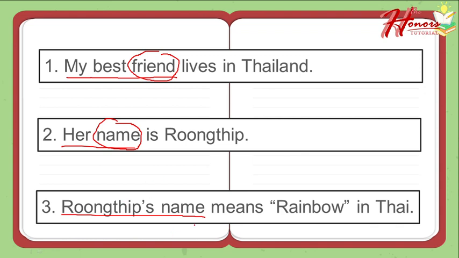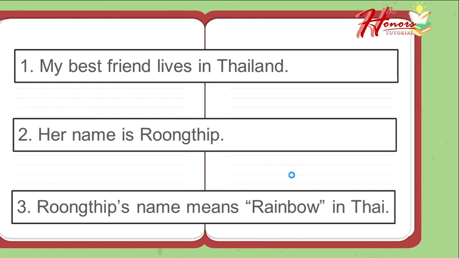So again, we need to analyze the sentence and identify what is the main topic or what is the main noun in this sentence. So what is this sentence all about? Is it Rungtip or is it about the name of Rungtip? The correct answer is, same with number 2, we're talking about the name, which means rainbow in Thai. Do you get it? Okay, very good.